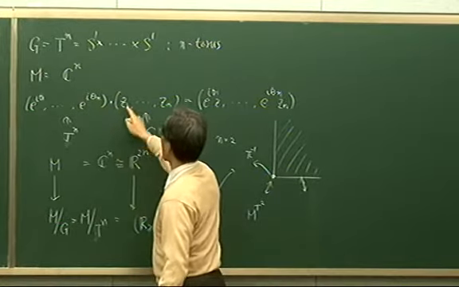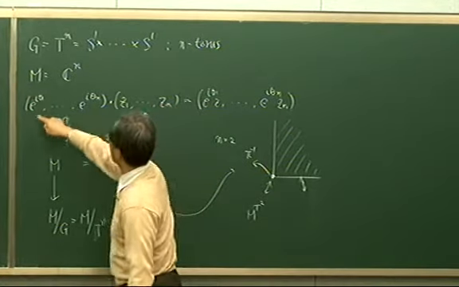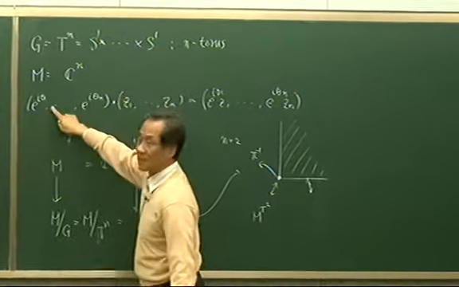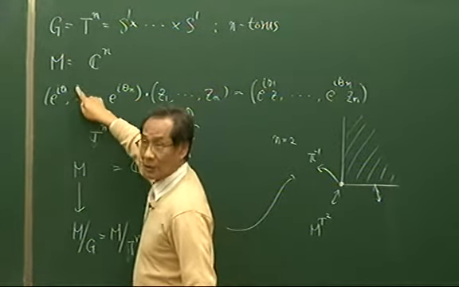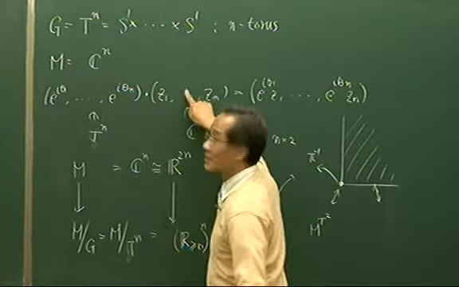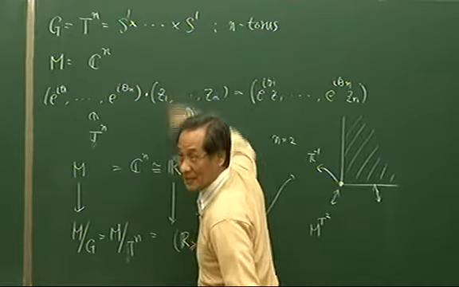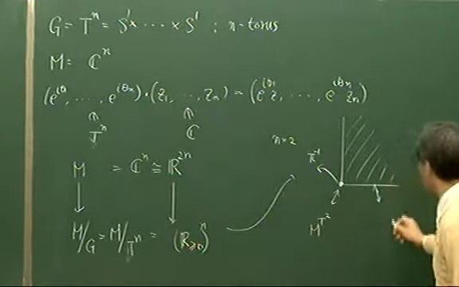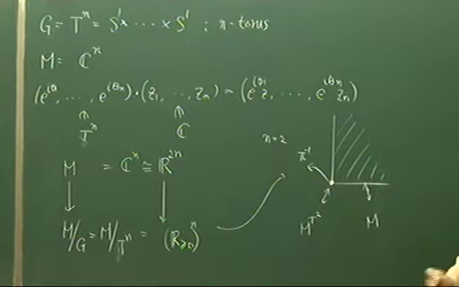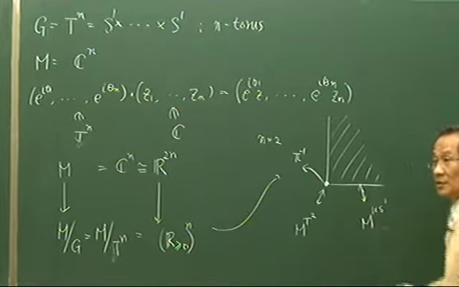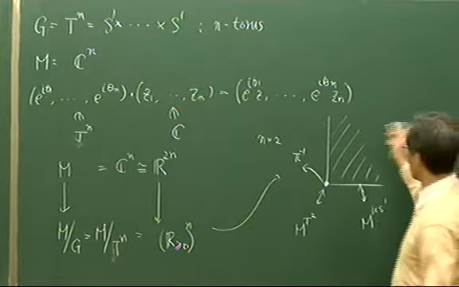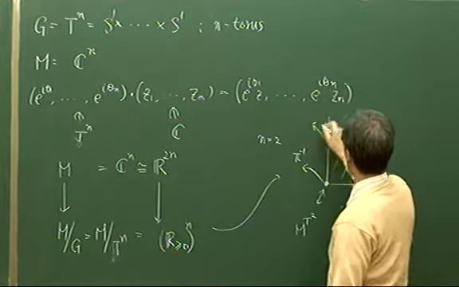So this part moves here, but the second part is 0, right? So whatever element you have here, this is the 0 part, so it is fixed. So this is fixed by a subgroup, fixed by what? 1 times S1. And this is this pi inverse.